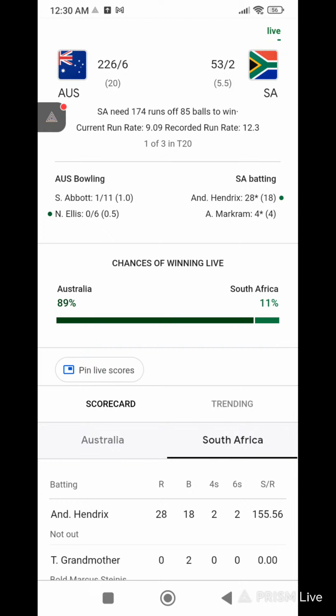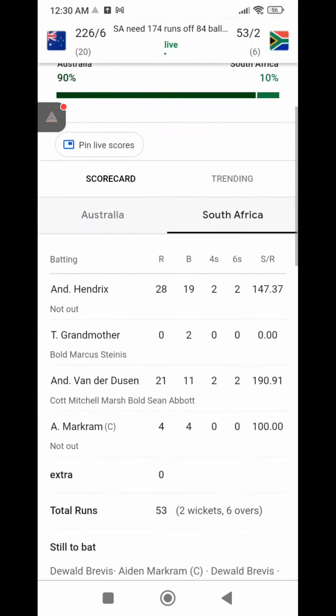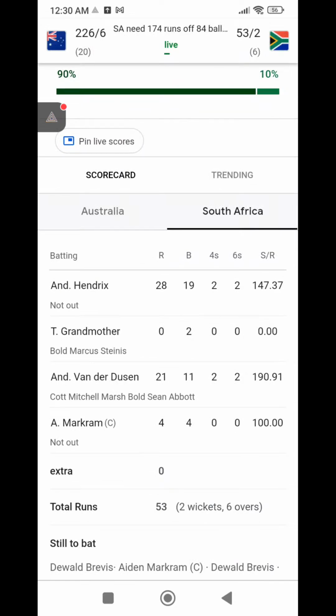About 1 of 11, 1 over, and Nathan Ellis 0 of 6 in 1 over. So South Africa 53 for the loss of 2 wickets in 6 overs. Hendricks 28 of 19.